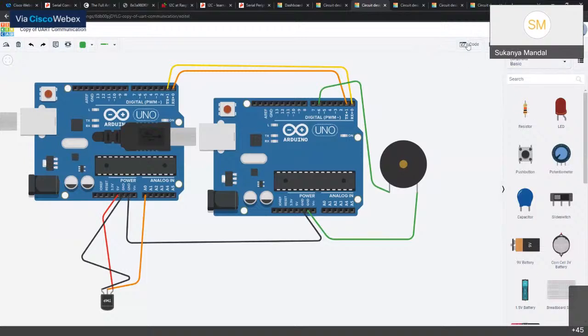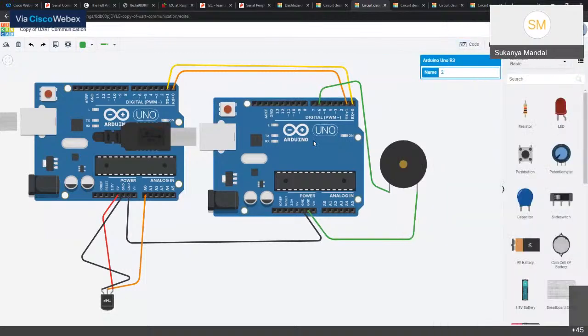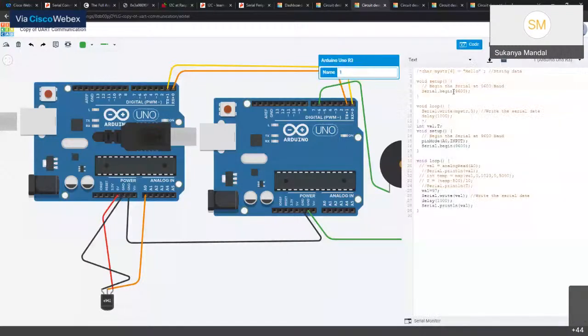Okay, so looking at the code, this is the second Arduino, this is the first Arduino. Looking at the code of the first Arduino, let's see what we have.